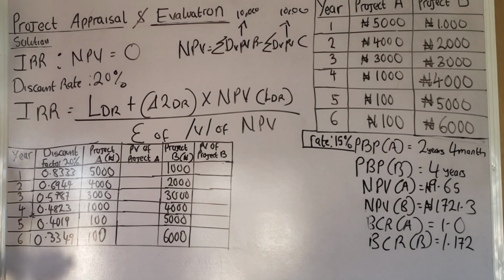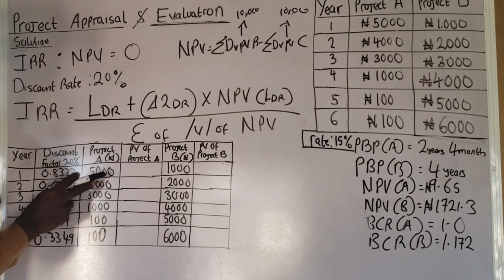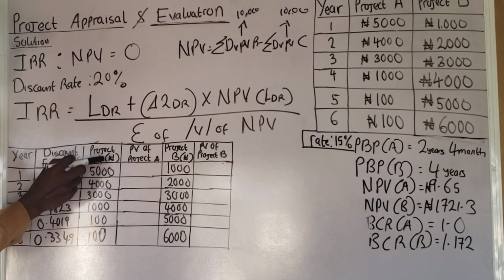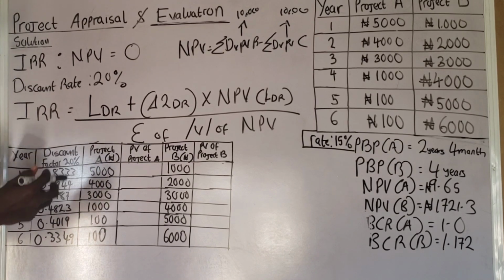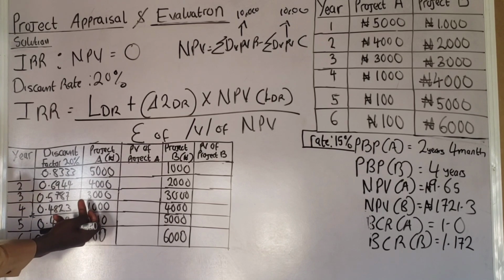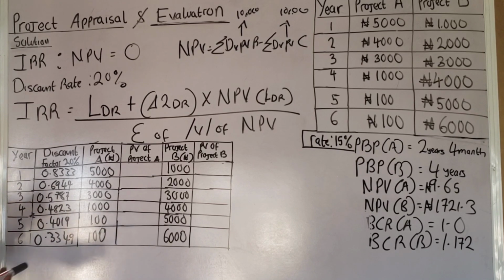Okay? Now, having gotten the discount rates for each year, we have to determine the product of the present value. The present value for project A is 5,000 naira, 4,000 naira, 3,000 naira, 1,000 naira, 100 and 100 respectively, with respect to the year. You understand?